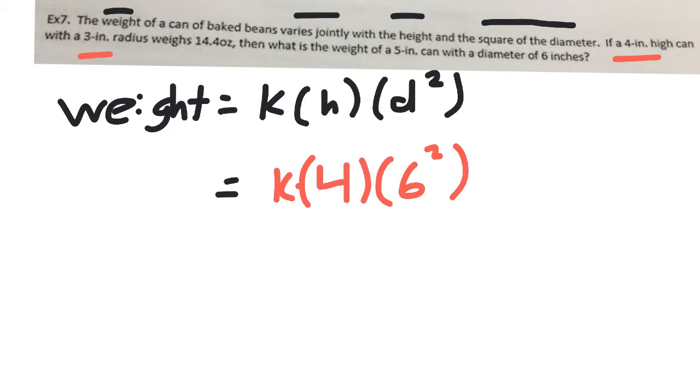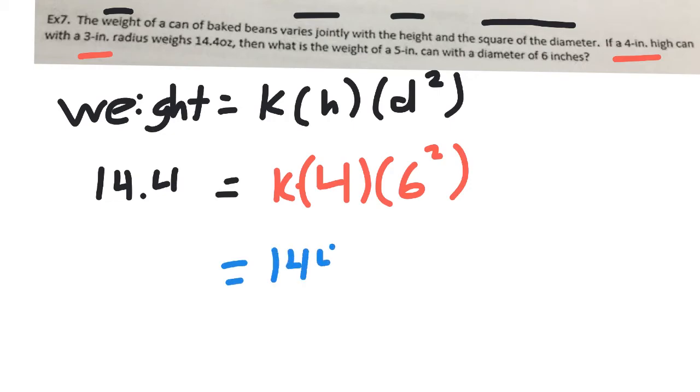I know that this is equal to 14.4 ounces. So then 6 squared is 36. 36 times 4 is 144.